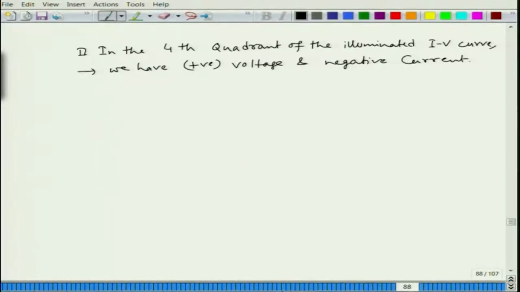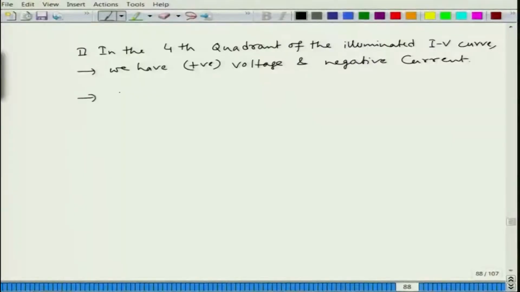So, if you multiply Vi, what will happen? You have a negative value for power. That means power is getting generated, not consumed. If the power was positive, that means power is getting utilized in the process, right. But here with a negative sign, Vi gives you power that is generated.